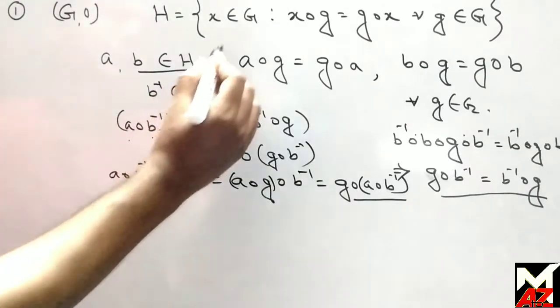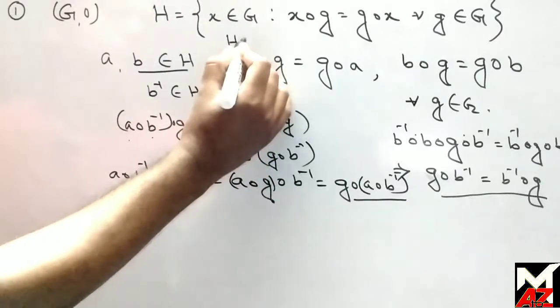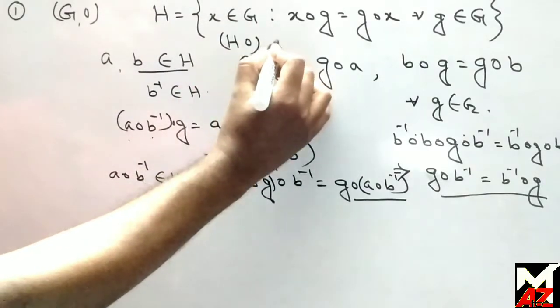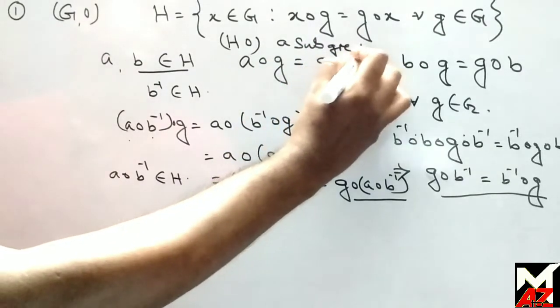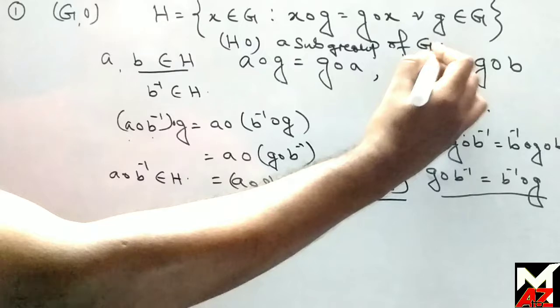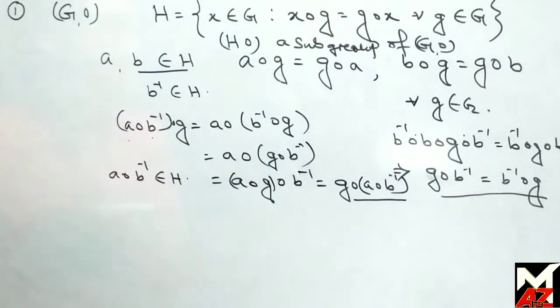So we say that H is also a subgroup of G circle. Okay, H is a subgroup of G circle.